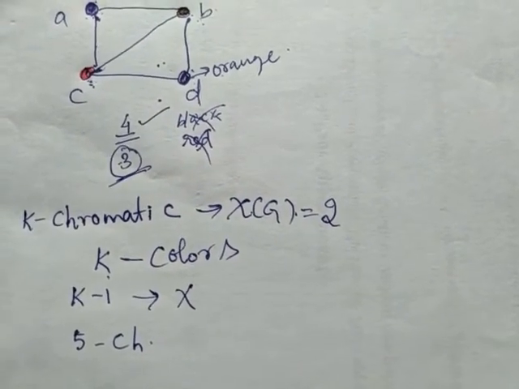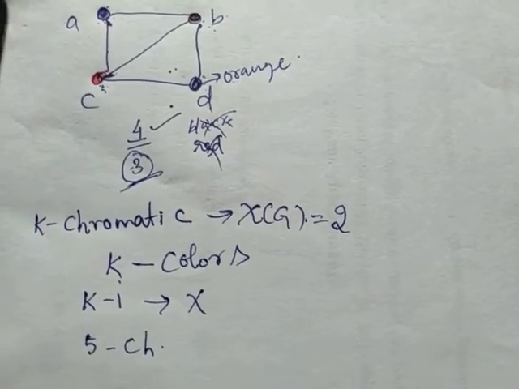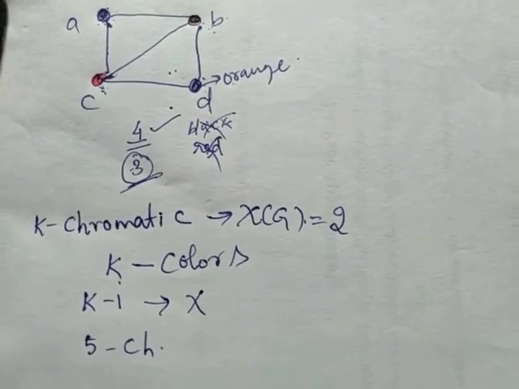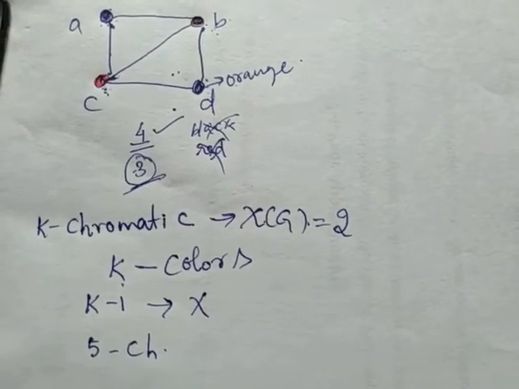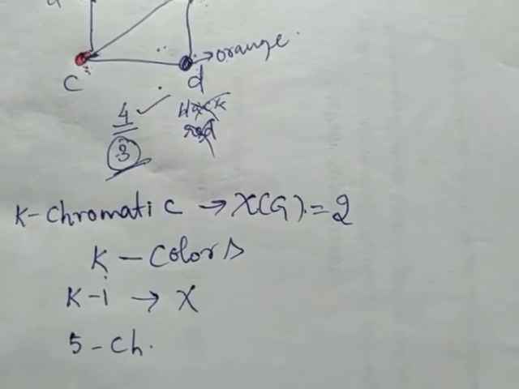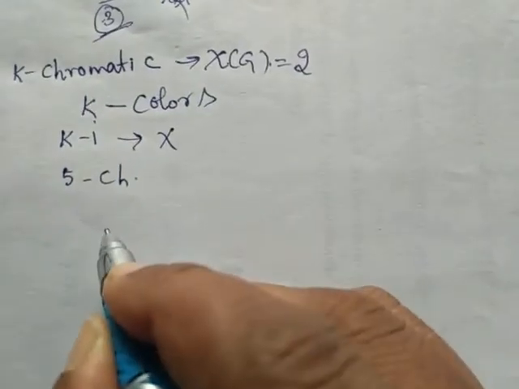So k chromatic graph means from the set of k colors, a graph can be colored properly, but using k minus 1 number of colors, we cannot color the graph properly. For example, consider a graph.